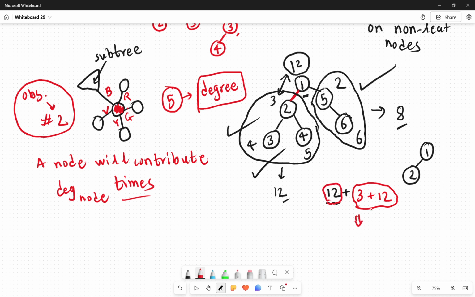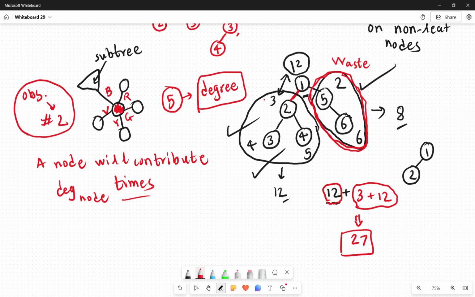So my answer would be 12 plus 12 plus 3, 27, right? So basically what I can see is that this subgraph is wasted. It didn't contribute to my answer.